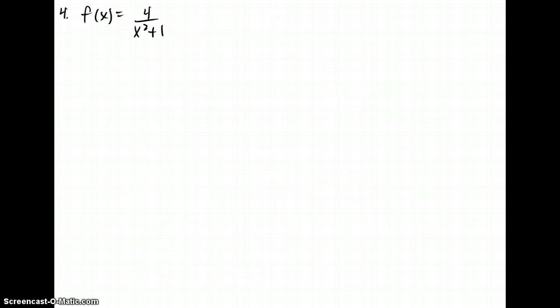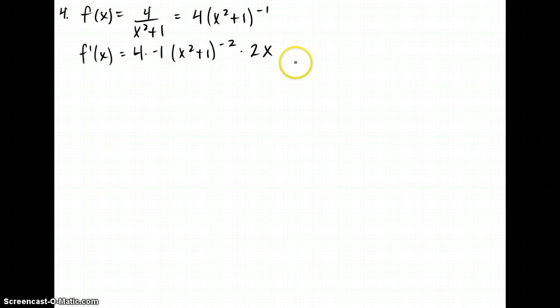Okay, number 4. I feel once we got the derivative, you guys were able to solve the problem. First derivative, I think for the most part, I saw the majority of you write the problem with a negative exponent. First derivative, bring the exponent down front, subtract 1 from the original exponent, and then multiply by the derivative of the inside. So negative 8x times x squared plus 1 to the negative 2.